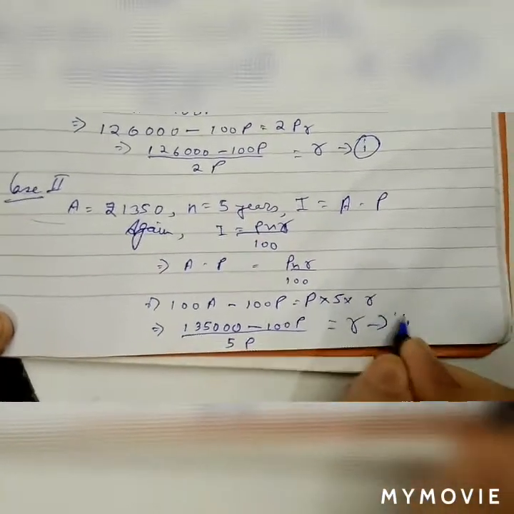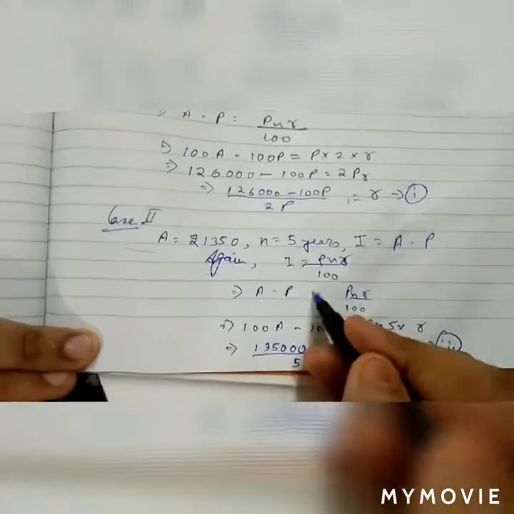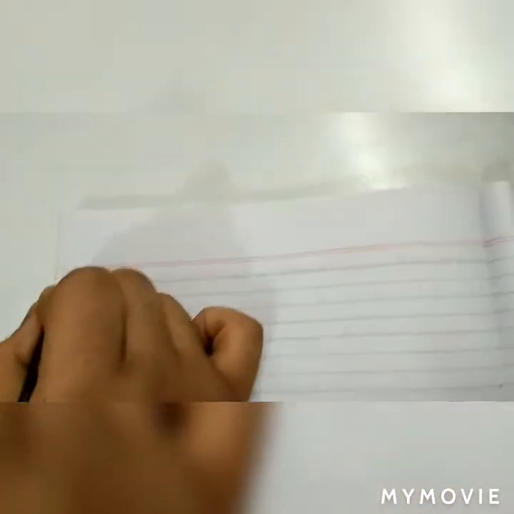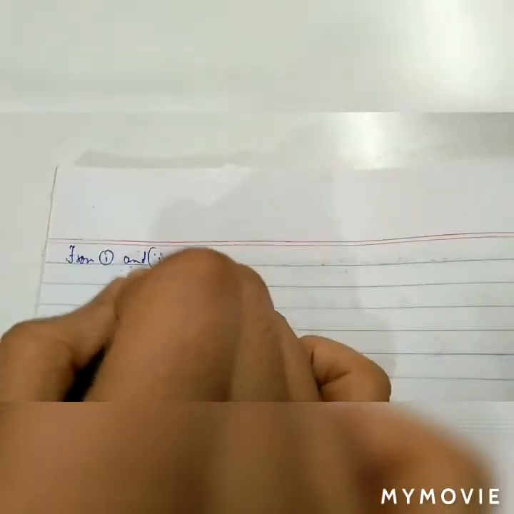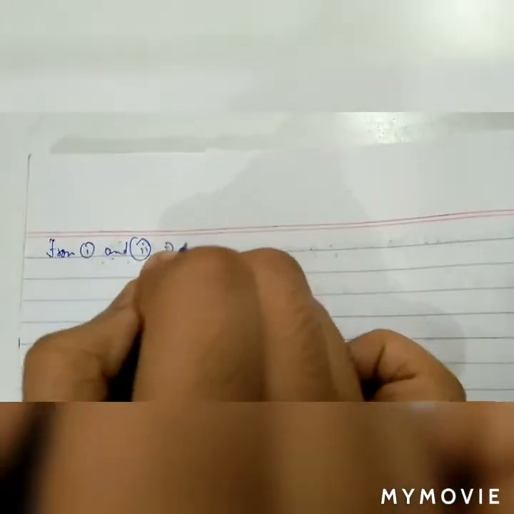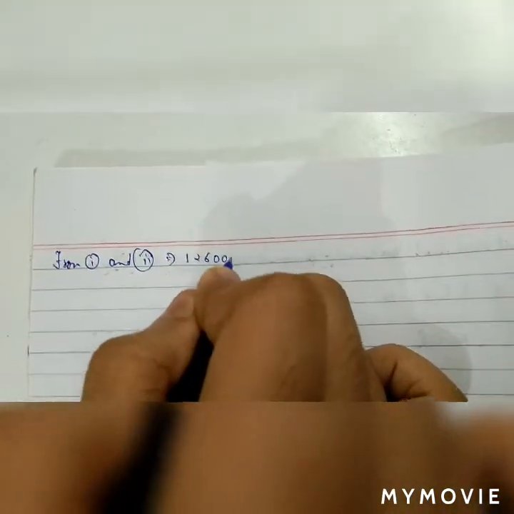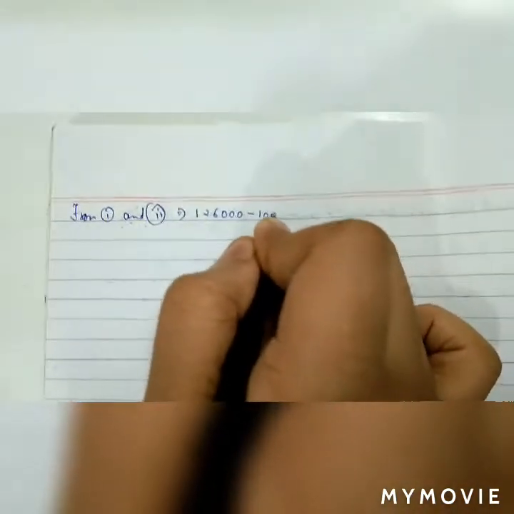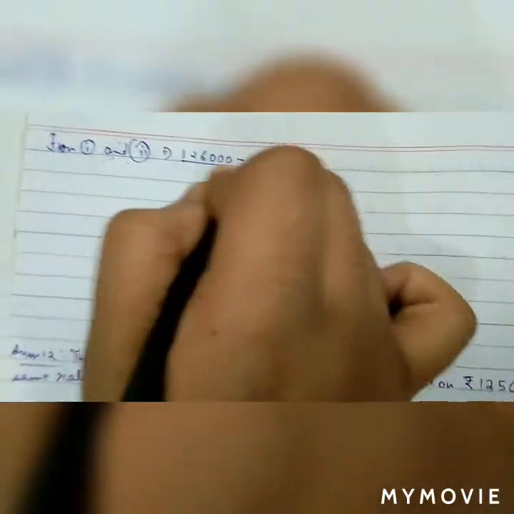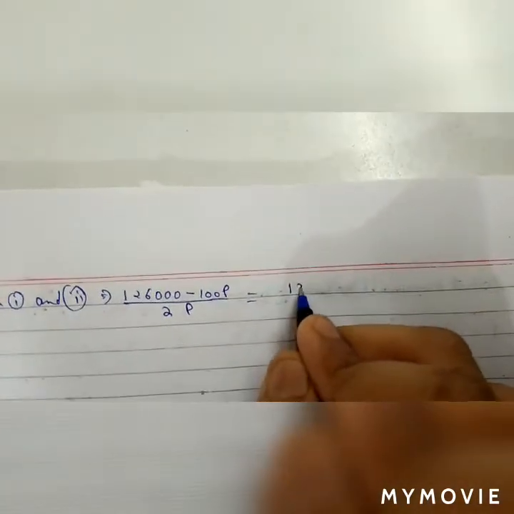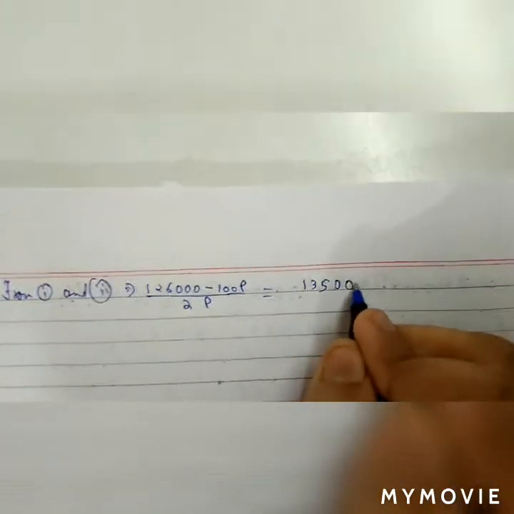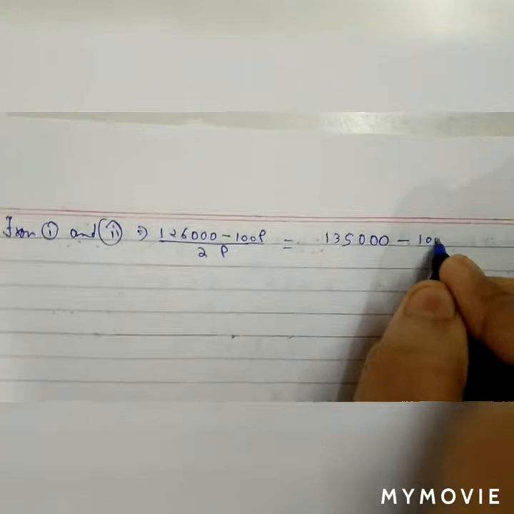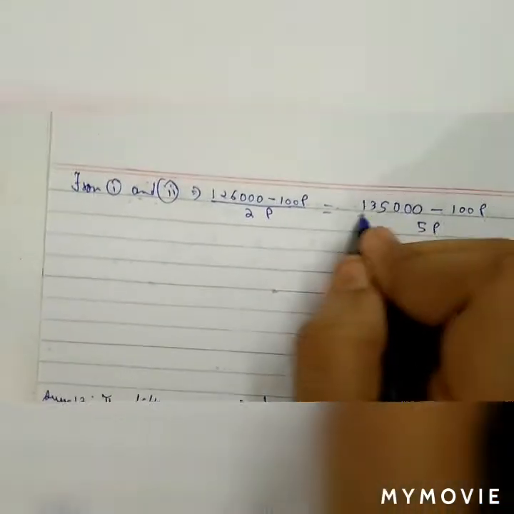Now it will be possible for us to equate these two equations from 1 and 2. (126,000 minus 100P) divided by 2P equals (135,000 minus 100P) divided by 5P.